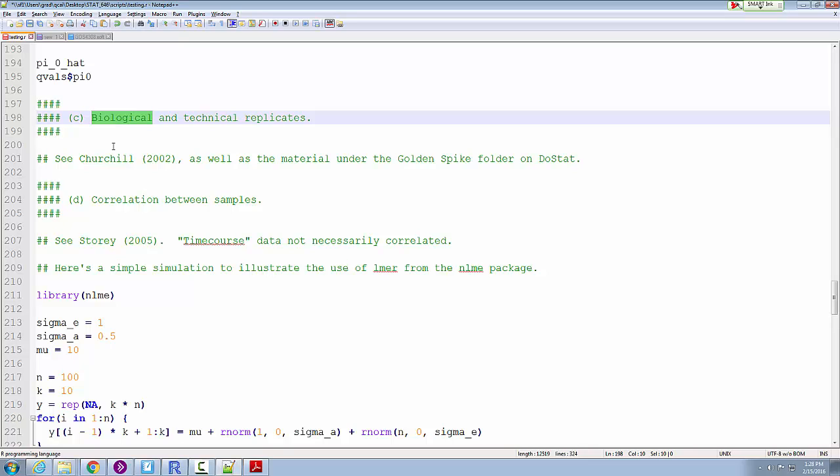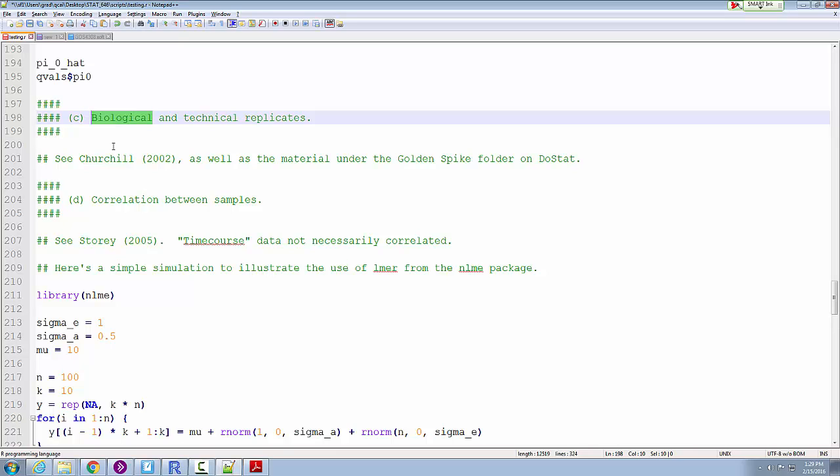So if I had enough space and resources to accommodate 100 samples, you could think about, should that be 100 different people, or should that be 50 people measured twice each, or somewhere in between? Getting multiple people allows me to characterize biological variability in the population of all the people that we're interested in.